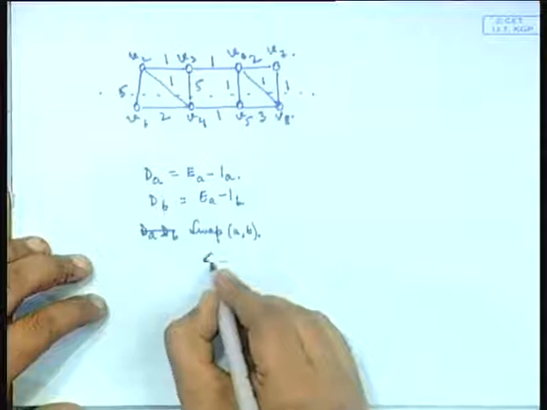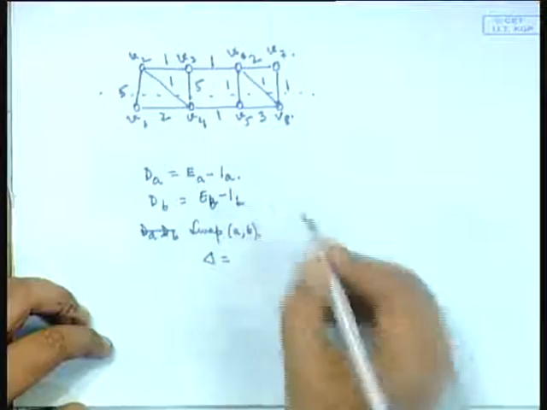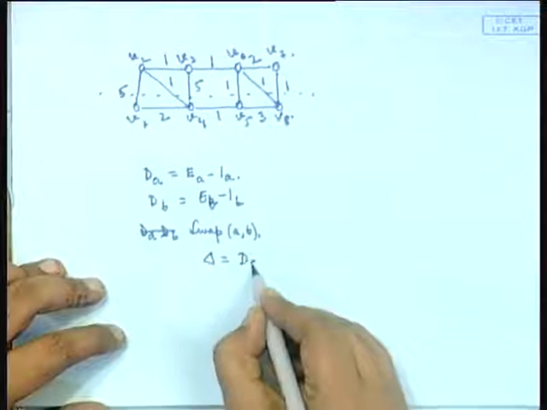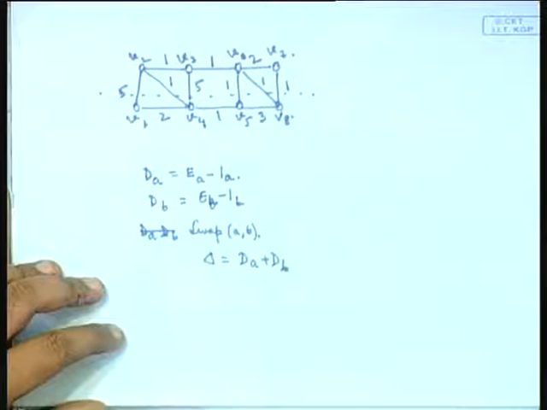What is the cost? What is the gain? It will be dA plus dB. Anything else?